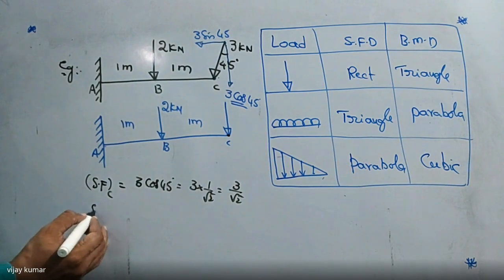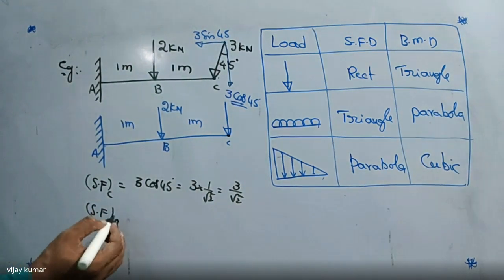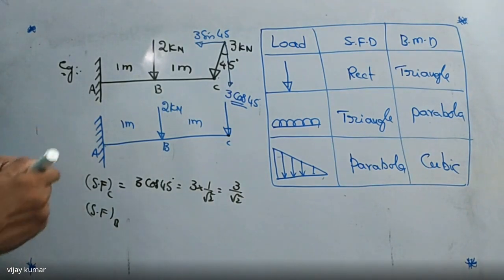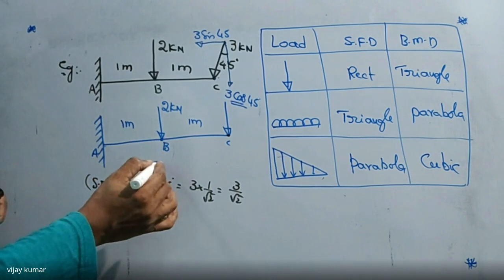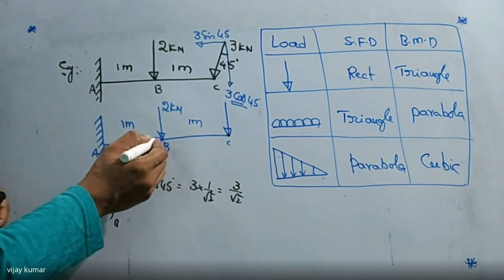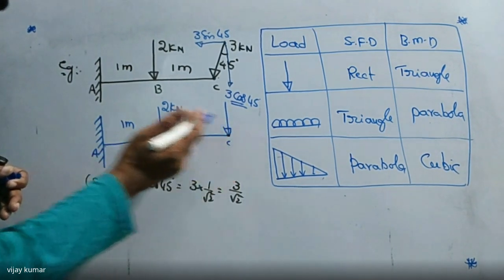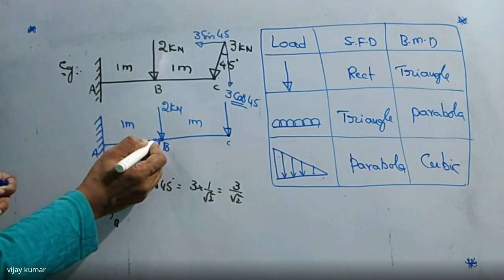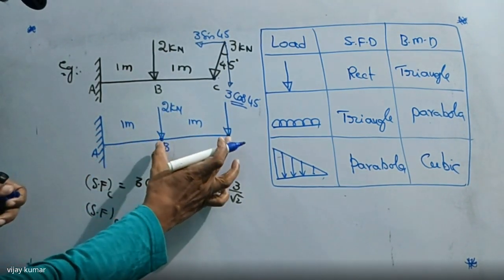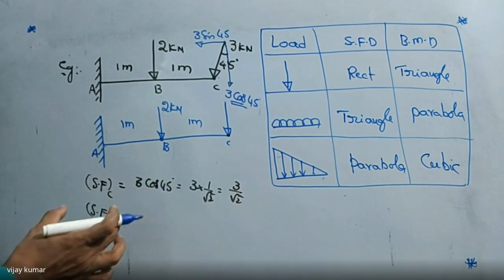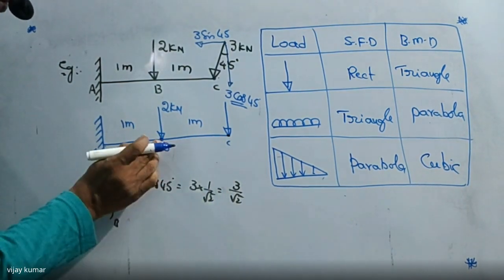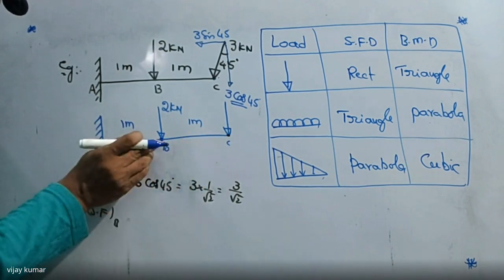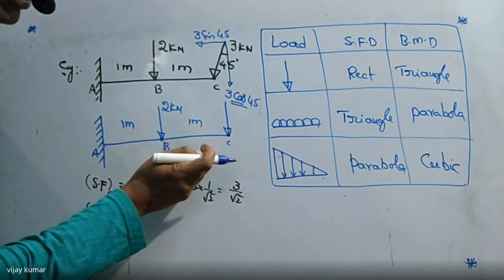Now I'm writing the shear force at B. To find it at B, generally the procedure is we have to divide this beam into two parts at point B. So we are coming from right to left. Up to B, how many forces are acting on this beam? This is the right portion I am taking.